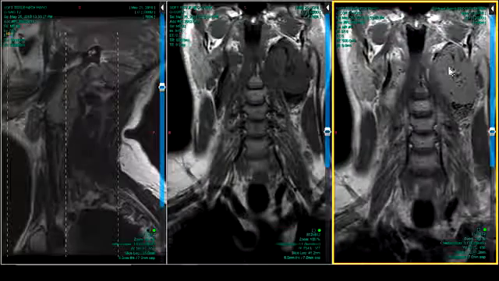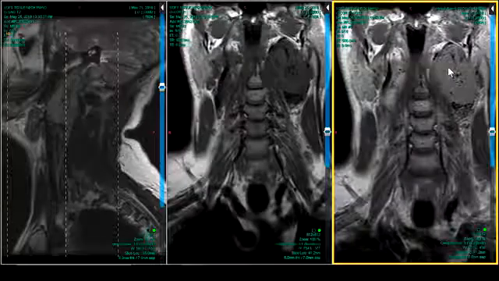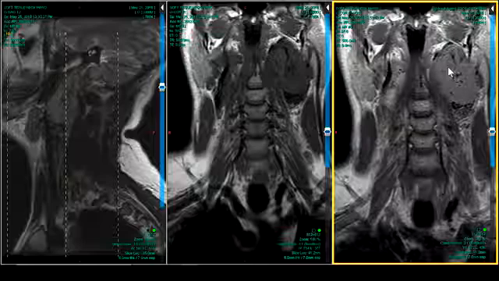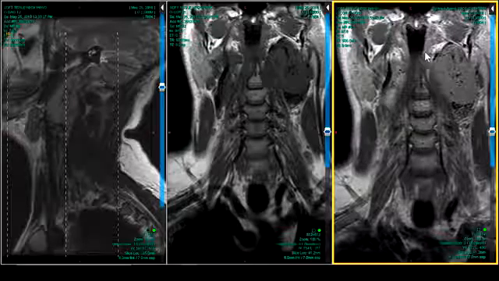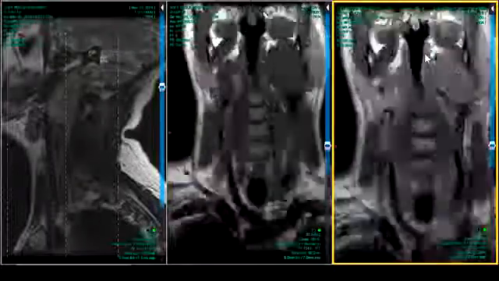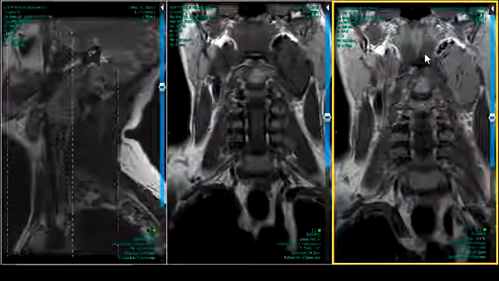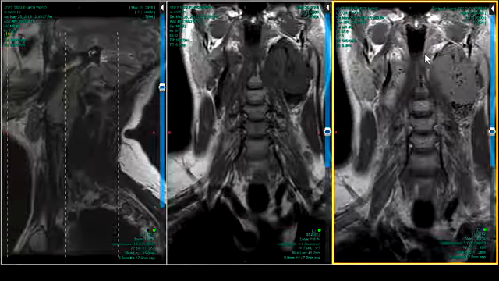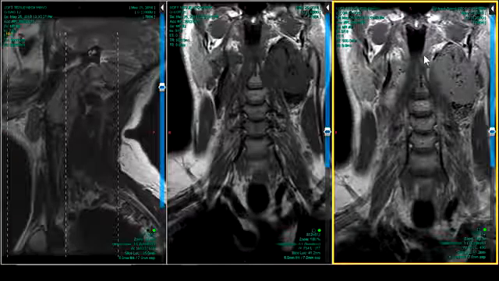Other causes of low signal, another one would be air. Not necessarily gas bubbles, but communication with an aerated structure like a sinus. And then you have various artifacts that are related to prior instrumentation. There can be absolutely nothing on the X-ray whatsoever, and the surgeon leaves behind a path of destruction. No, I'm just kidding.